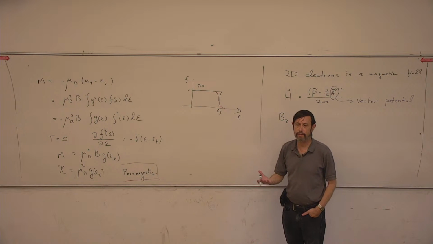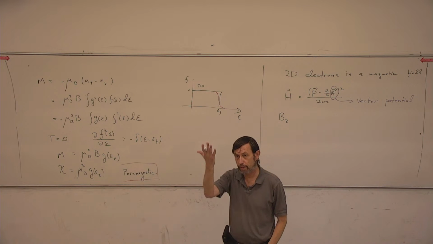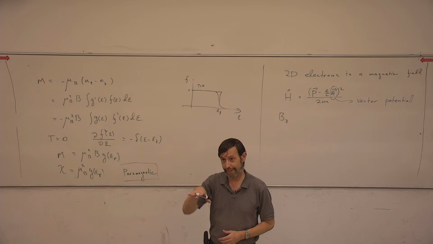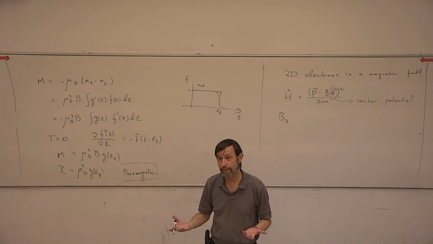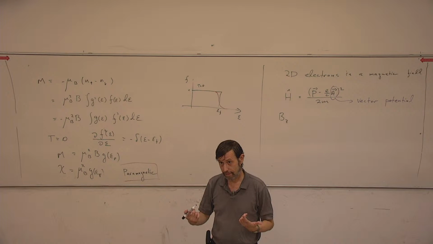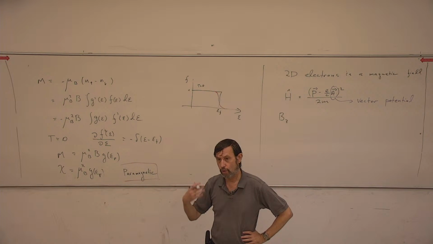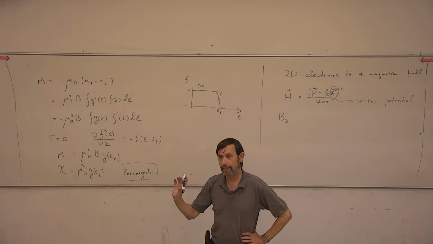Let's just put the magnetic field perpendicular to the two-dimensional system. Why perpendicular? Because if we put it in plane, we don't have any orbital effect. Think about how a magnetic field has influence. Think about Lorentz or the change in current due to change in a magnetic field.